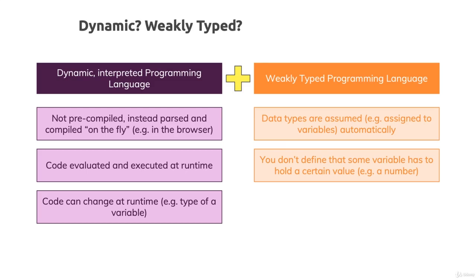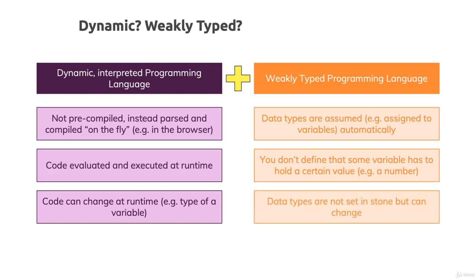In other programming languages, you have to tell the language that you're going to store a number in there, and if you store something else, you would get an error. That's not the case in JavaScript. It's forgiving there because it's dynamic, and it also doesn't care about strong type definitions in advance. Instead, you just store data in there and go with whatever type of data that holds. So data types are not set in stone, but can change.